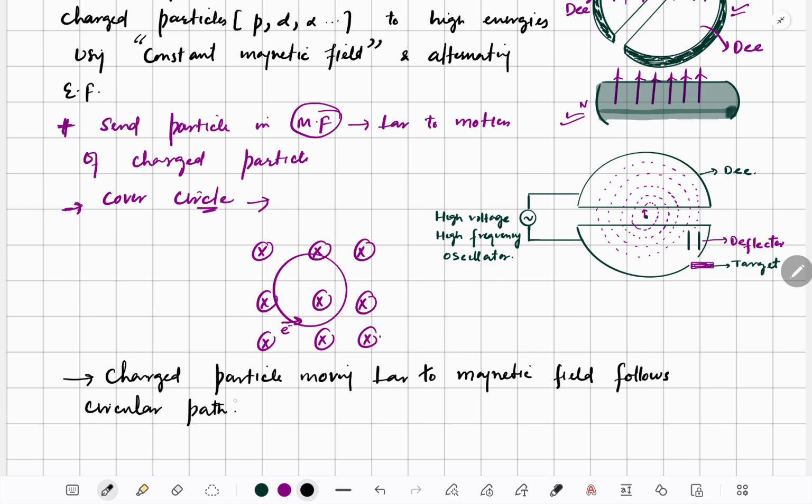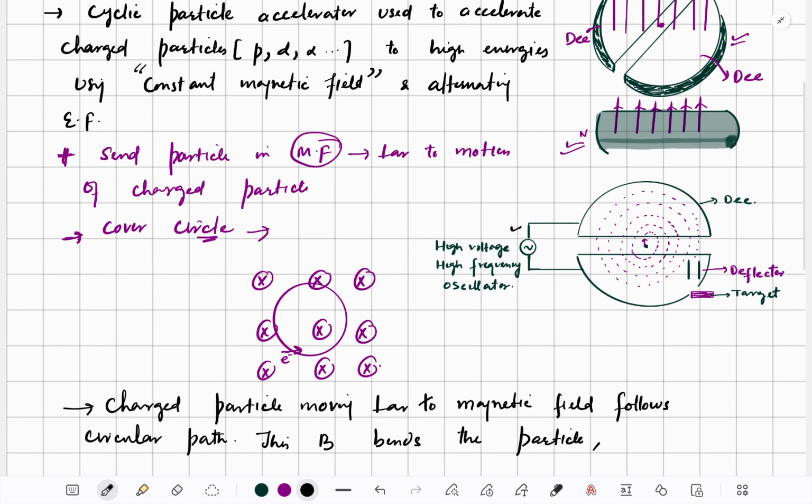We also know that the magnetic field would not be enough to accelerate the particle. It can only change the direction of the charged particle; it won't change the magnitude of its speed or velocity. So the magnetic field bends the particle. And there is also an electric field.